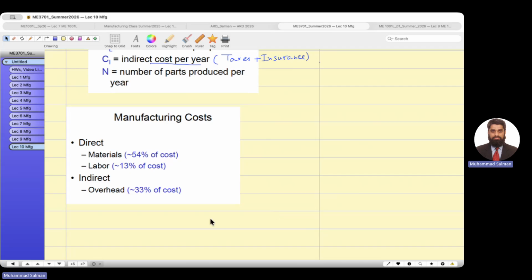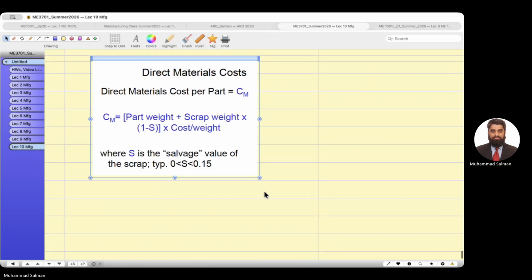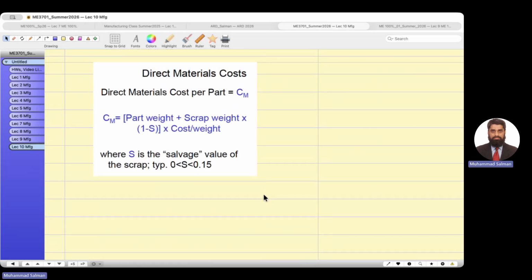So you also have to pay the machine tool cost, indirect payment, which is roughly 33% of the cost. Another formula you can write down here: the direct material cost is C sub M, part weight, and the scrap weight. Some scrap value, it depends on the rate.